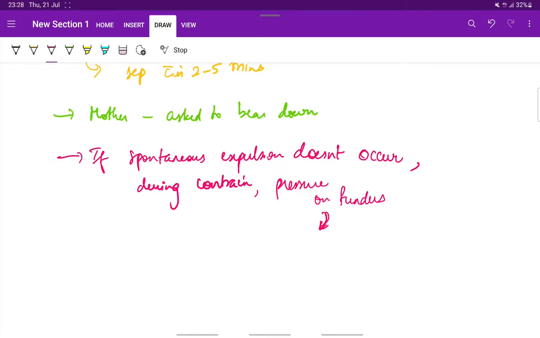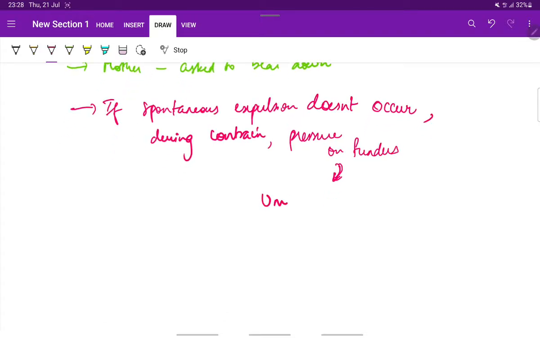So, as the pressure is applied, the umbilical cord is kept taut.